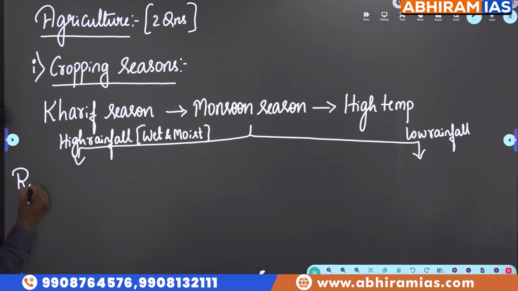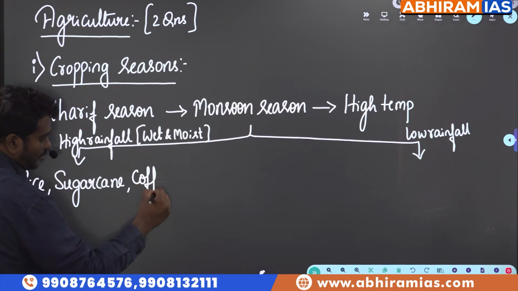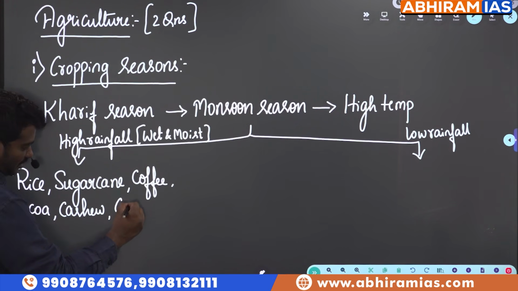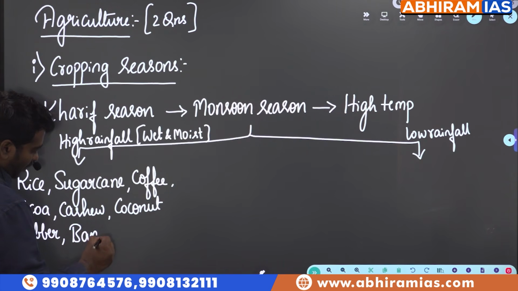What all can be grown in wet and moist? Rice, sugarcane, coffee, cocoa, cashew, coconut, rubber, banana.